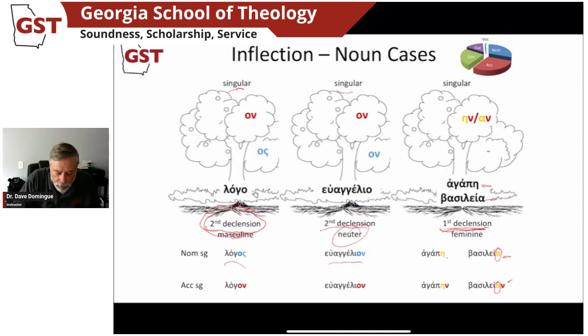Here you have agape as no case ending in the nominative singular, because it ends with the stem. And here for the accusative, that is the direct object, it has the case ending of the nu with its connecting vowel of the eta.